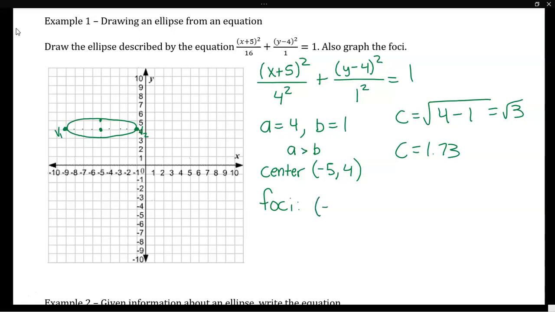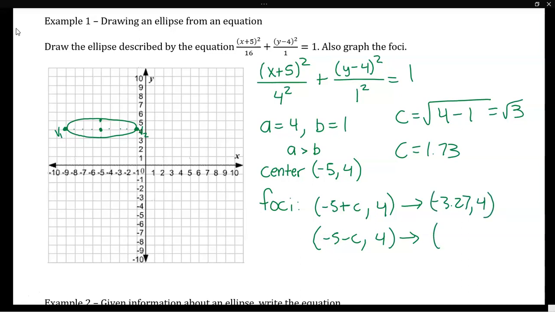So foci 1 is going to be -5 plus C, and the other one is going to be -5 minus C. Now, obviously, we can substitute those numbers in, and we get, let's see, -5 plus 1.73 is -3.27, and -5 minus 1.73 is -6.73.